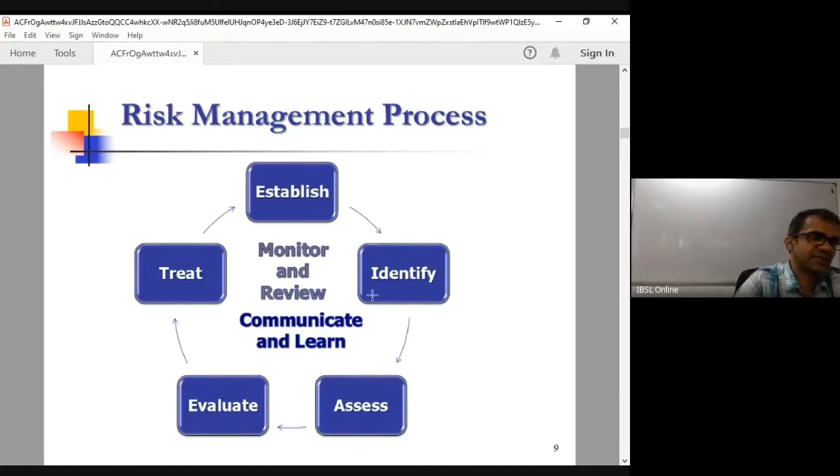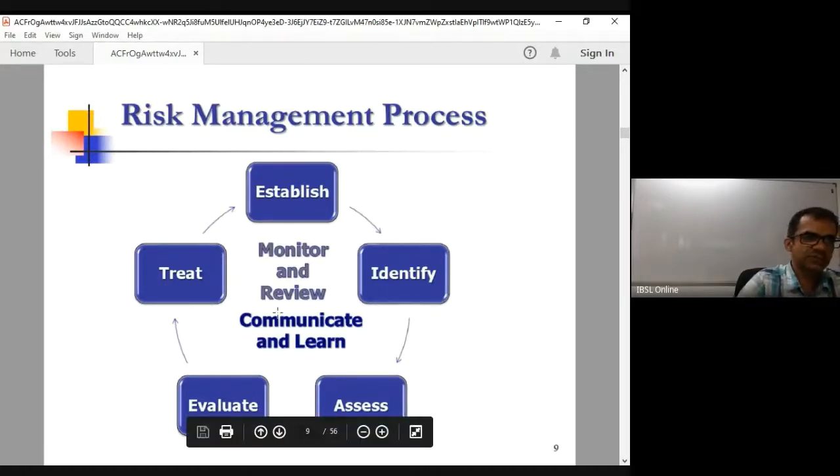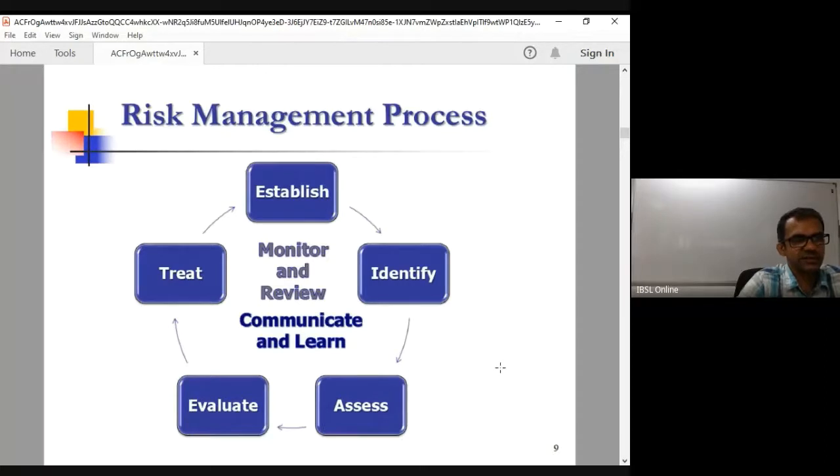In some textbooks, this monitoring and review may be part of the cycle. You can represent this in different ways, but the basic concepts are the same. The first step, establish. What does it mean, establish? First, we have to identify what our business is and what our objective is.